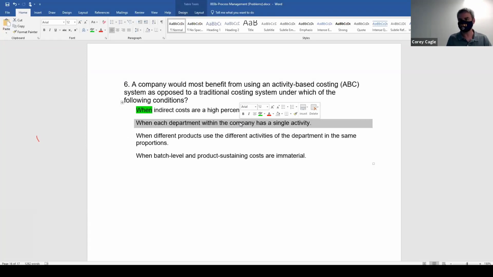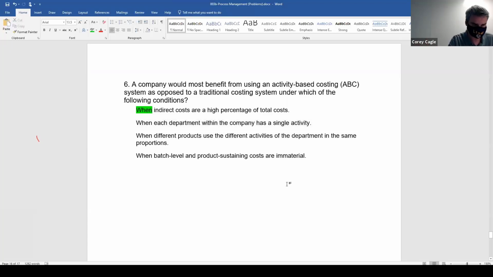No point in doing activity-based costing if each product uses the same number of material moves, the same number of setups, the same number of machine hours, whatever. Activity-based would be useless. And then D says when costs are immaterial. So A is the best one.